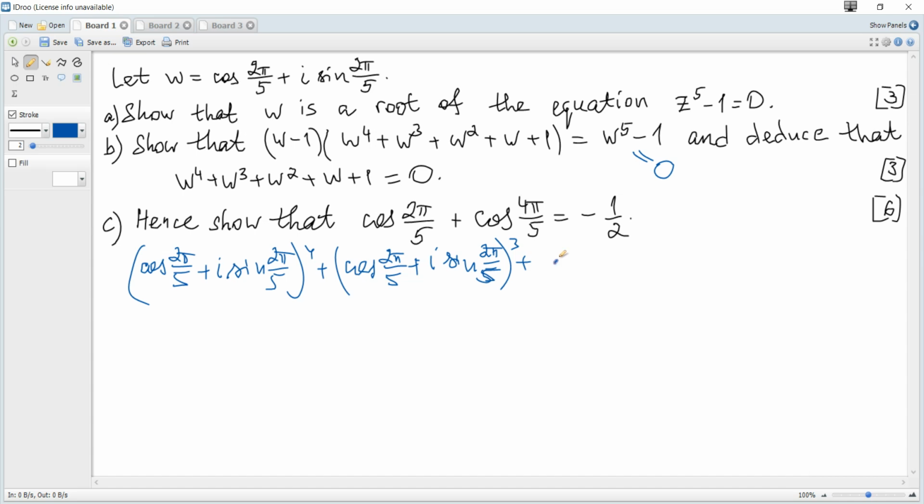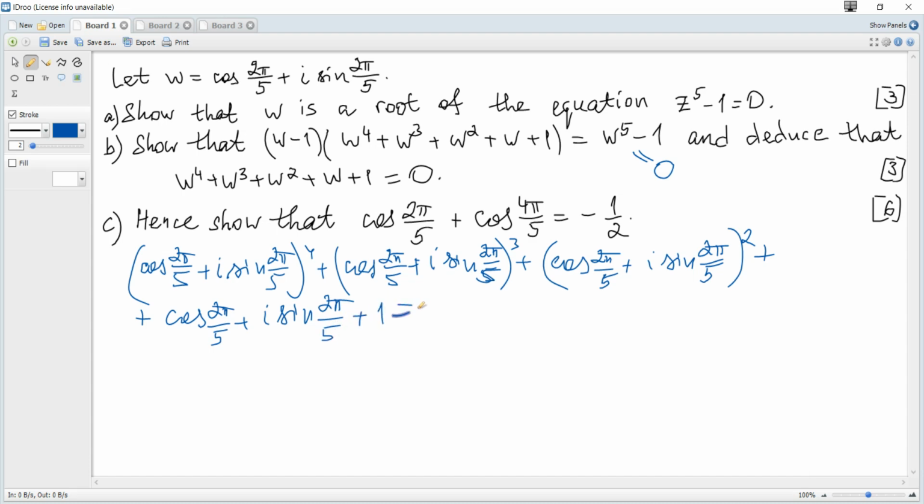cubed, plus the same squared, plus cosine plus i sine, plus 1 is 0.